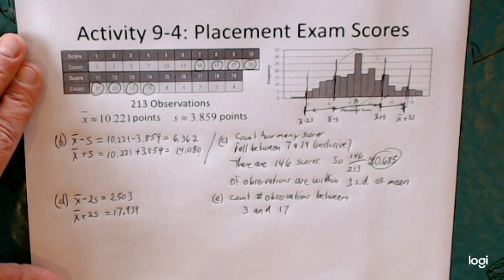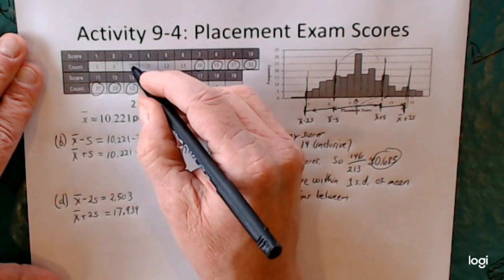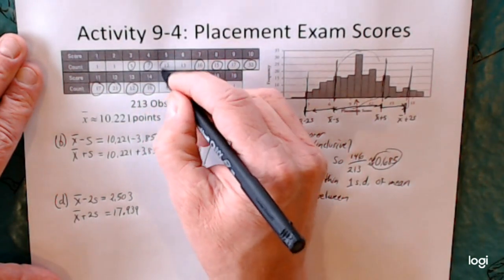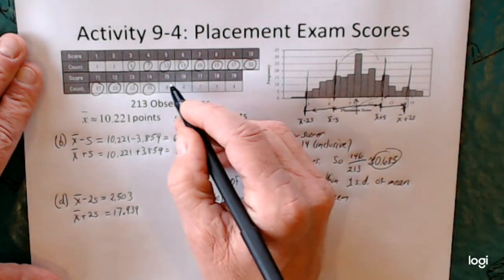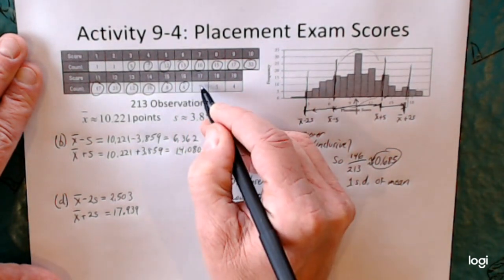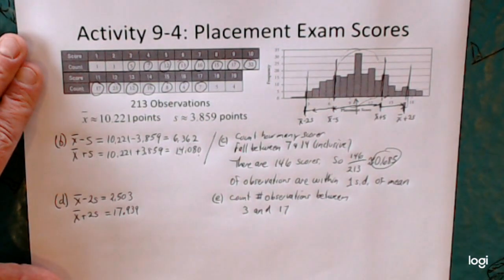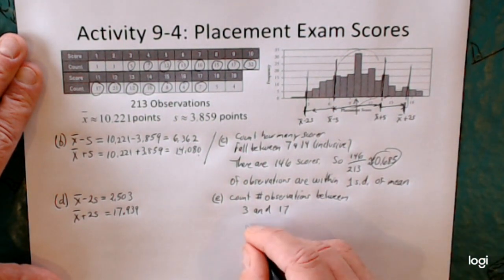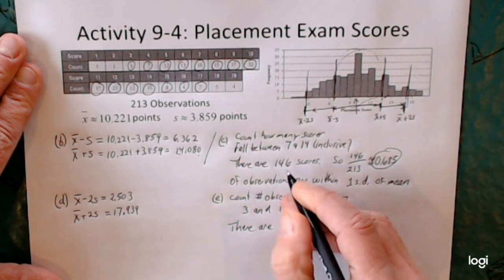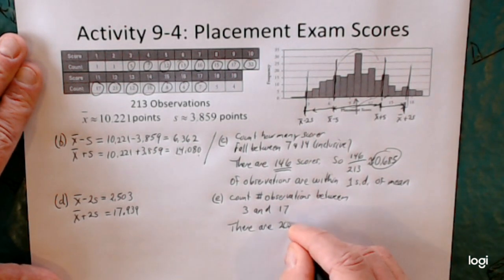Got it? Okay, so then to our 146, we're going to add 5 and 7 and 12 and 13. And we're going to add 8 and 4 and 7. To our 146. And so when I add those in, I get 202 scores.